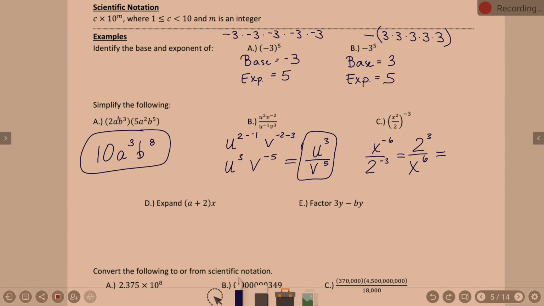There's only one little other thing I could say you could do here. 2 to the 3rd is actually a value. What is 2 to the 3rd? It is 8. Because it's 2 times 2 times 2, not 2 times 3, right?